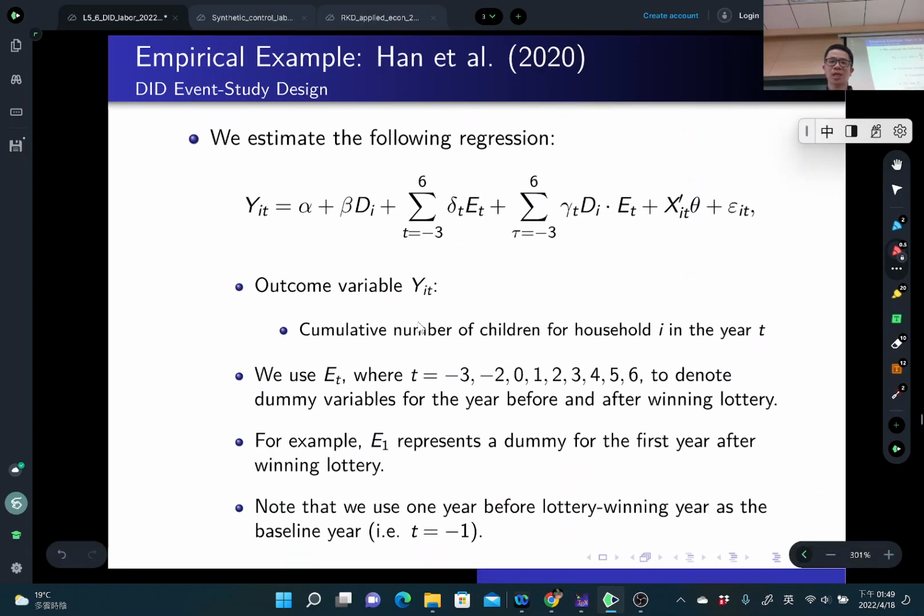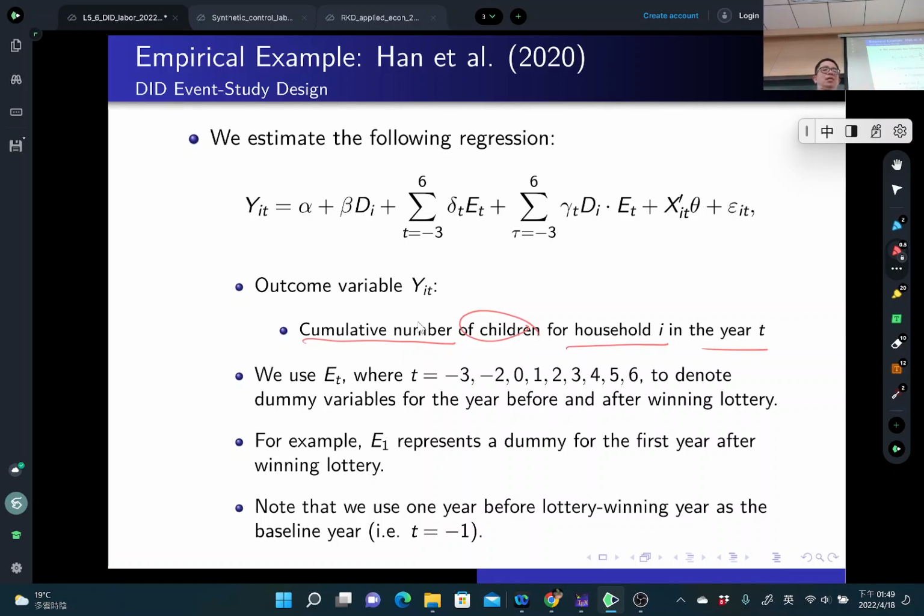Okay. So we will estimate the following regression. Because we want to know the total effect of the income on fertility, our outcome is the cumulative number of children for household i in year t.